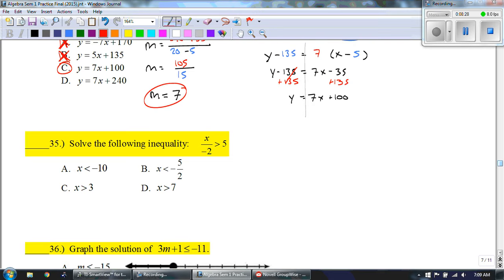Number 35. Solve the following inequality. We're starting to get into Unit 4. So remember, when we're solving inequalities, we treat them just like equations. We follow the same rules, but the key thing is if we multiply or divide by a negative, which I just did, I have to flip the sign, okay?